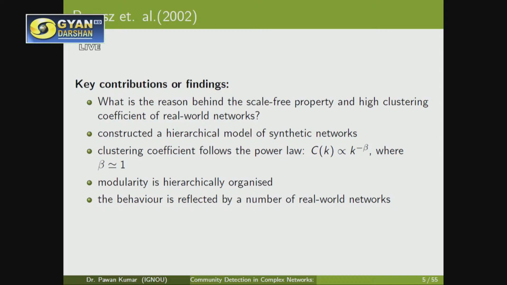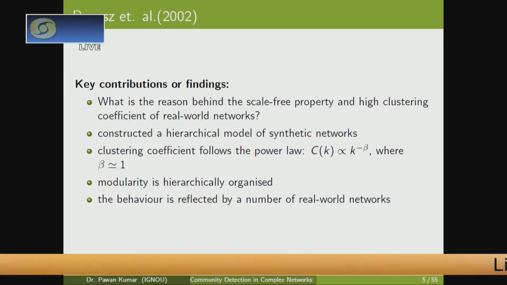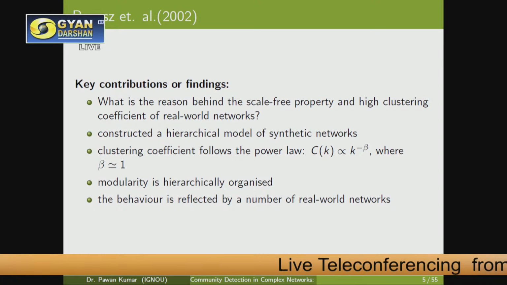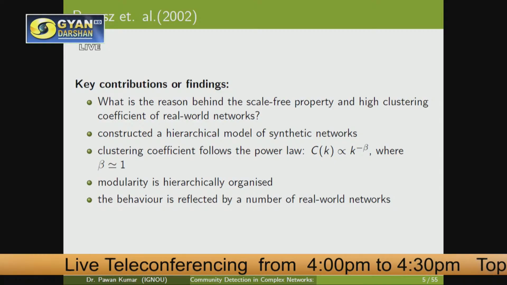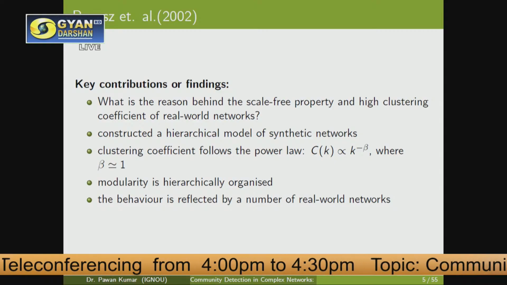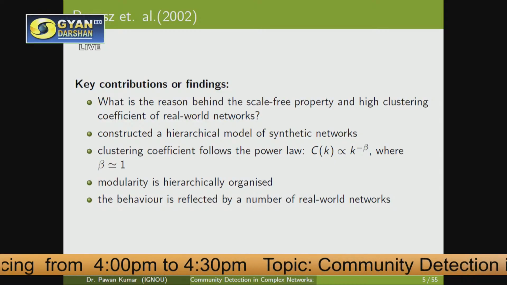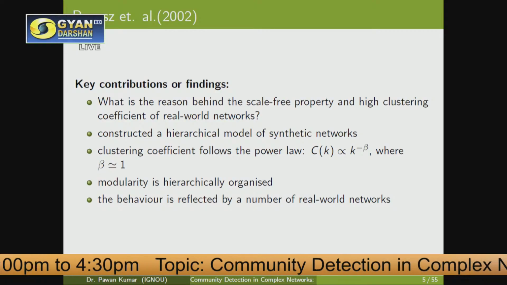So they constructed a model of real world networks with hierarchical characteristics. Hierarchical characteristics means they constructed a small group of nodes where there was one node of high degree and the remaining nodes had low degree, and then they replicated it, put one central node, and kept on growing it in this way.